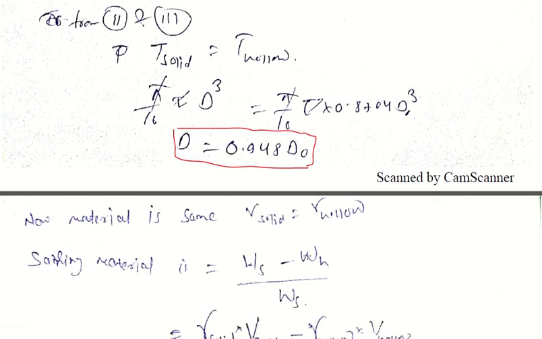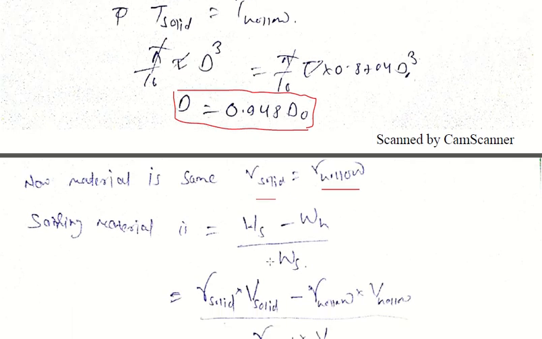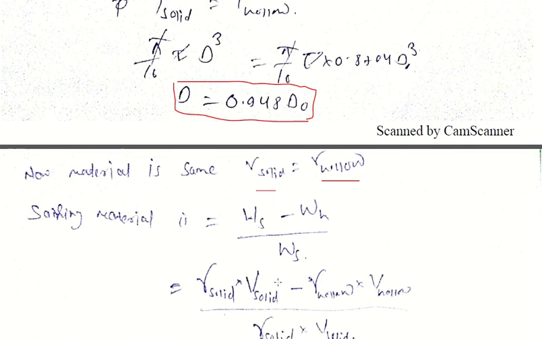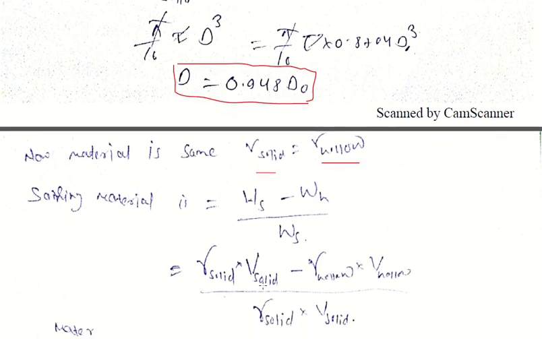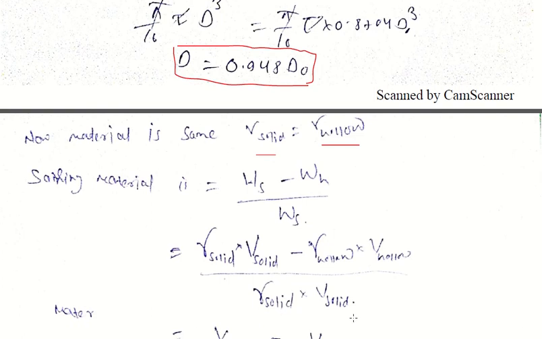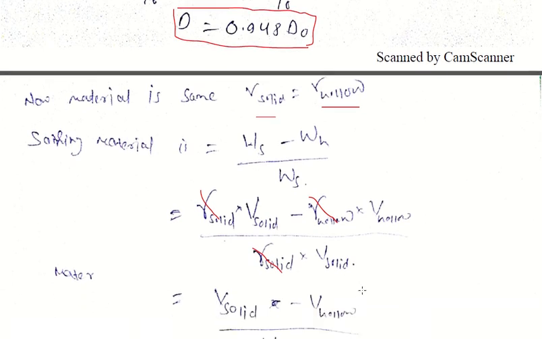Now the material is the same, so the material property is the same, so the saving in material is Ws minus Wh by Ws. So Ws is gamma solid into volume of solid, minus gamma hollow into volume of hollow, divided by gamma solid into volume of solid. Material is the same, so density is the same and it will cancel.